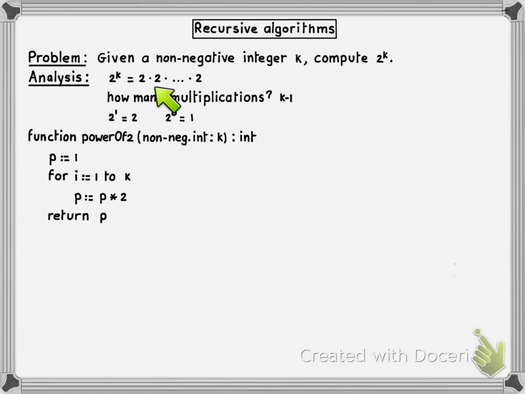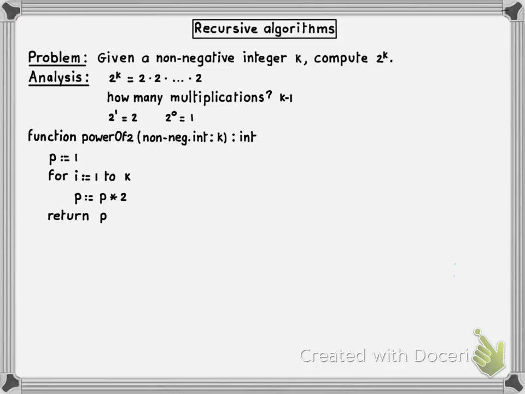To get the second 2 into the product, we need to multiply it again by 2. So to get 2 to the power k, we need to multiply p by 2 k times. So you have one extra multiplication compared to here, because in essence, this product really starts with an extra multiplication here, namely 1 times all of this.